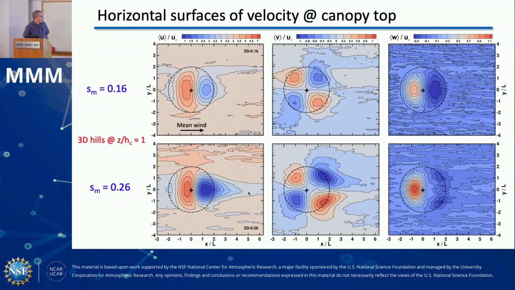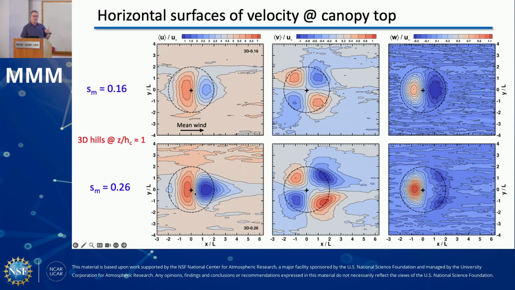Okay. So I just wanted to show a little bit about the spatial variation of the wind field. So the shallower hill case on the upper row, lower row is the steeper hill case. For the 3D hill cases, you can see notably stronger winds on the front wind side. So in the absence of trees, this peak would be right over the hill crest.